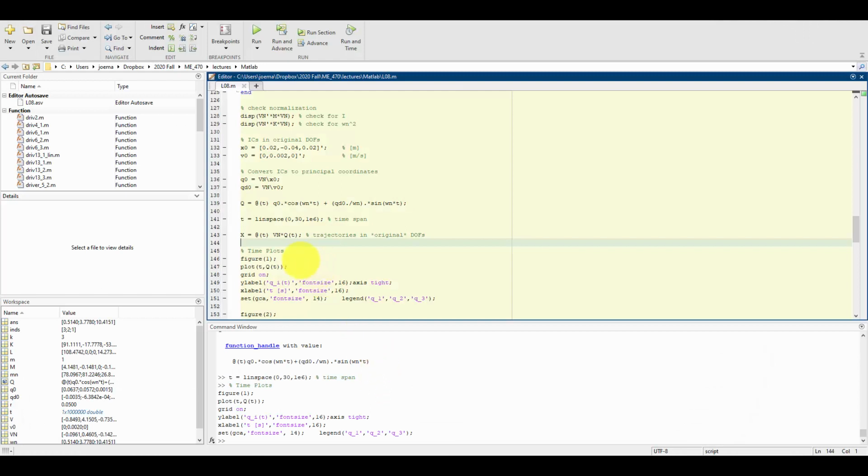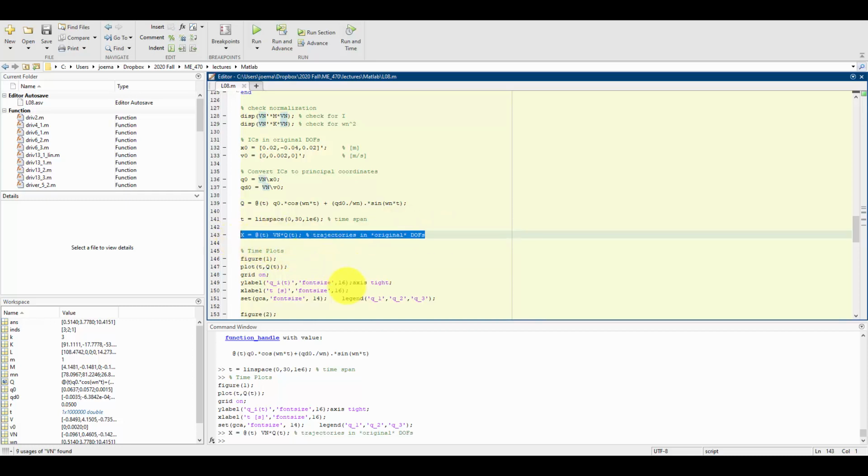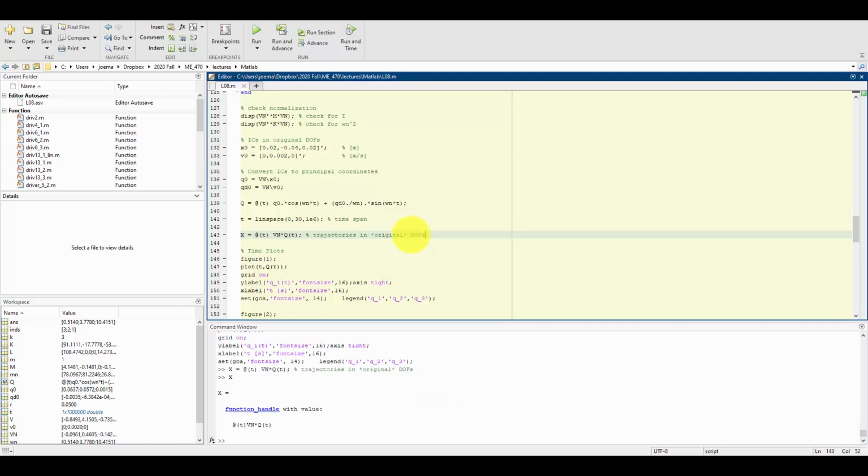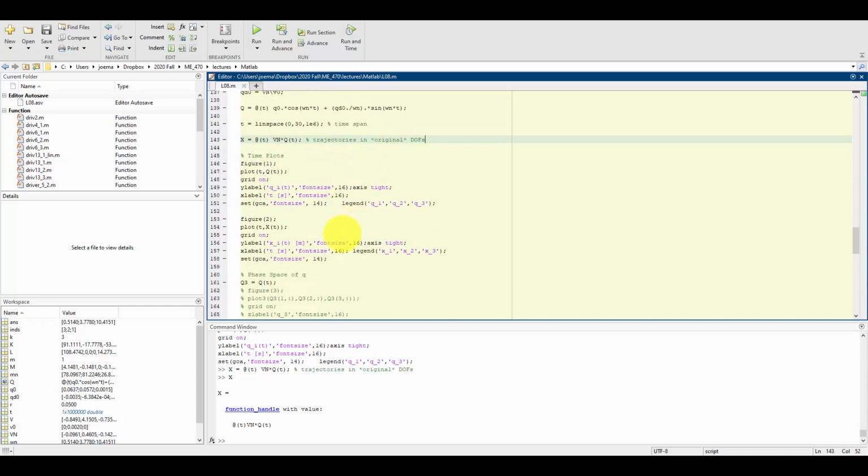Finally, I will define this capital X here as my original coordinate system. So I'm taking the Q that I just created and pre-multiplying by that Vn, that mass-normalized modal matrix. And now X is going to have x1, 2, and 3 all solved at once as well. So I'm going to take that and plot now my original coordinates over that same time span.